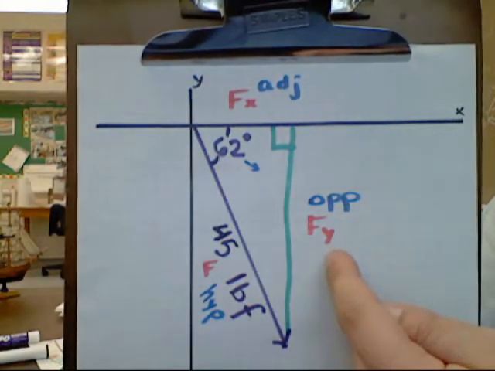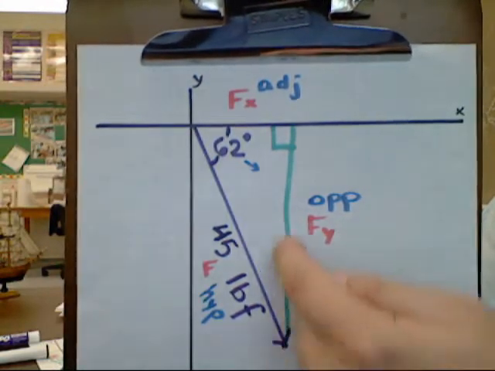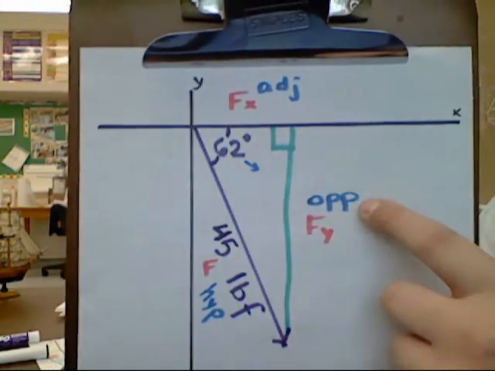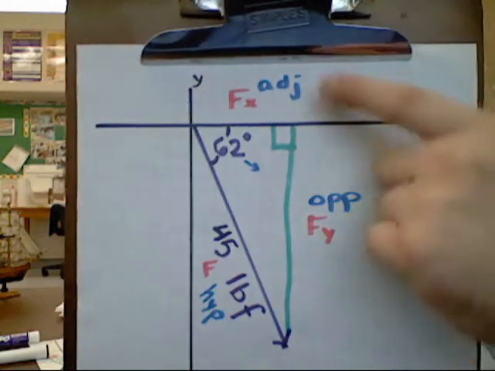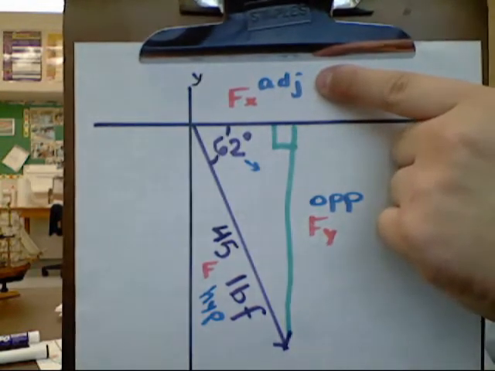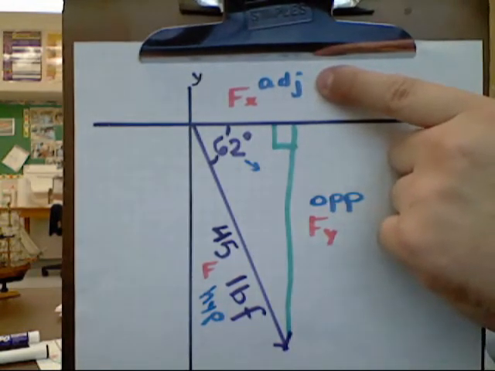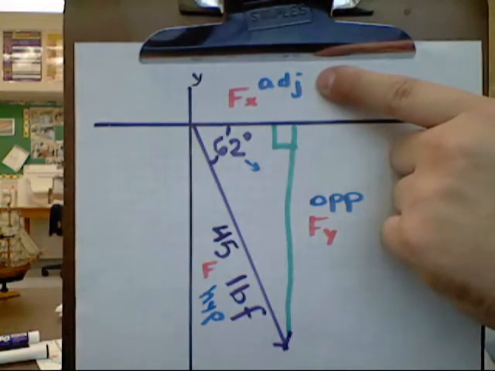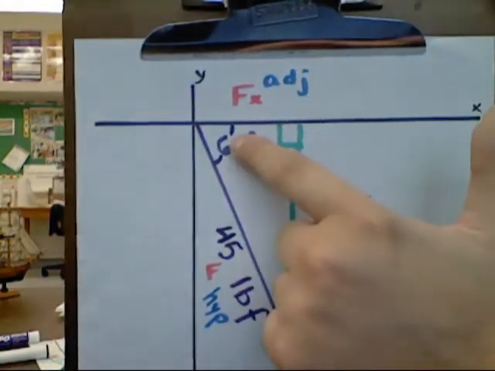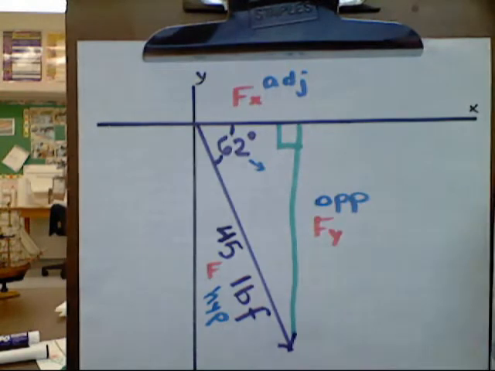In this case, it's the Fy component, the green side right here, that will be my opposite side. Adjacent is just a fancy word for next to, so that's also easy to figure out because it's the leg of the right triangle that's next to the marked angle, 62 degrees.